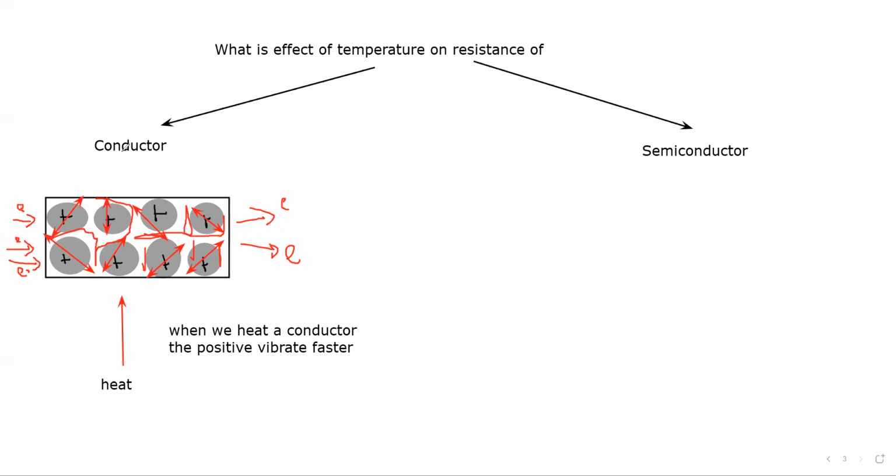So what we can say for a conductor, the temperature and resistance are directly proportional to each other. So resistance increases for conductors. Conductor resistance and temperature are directly proportional to each other. Is it clear?